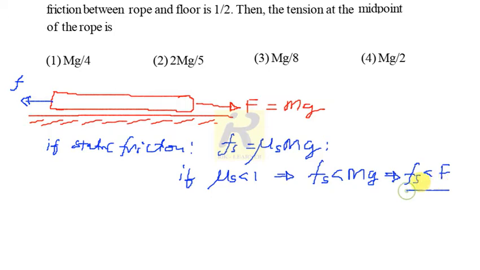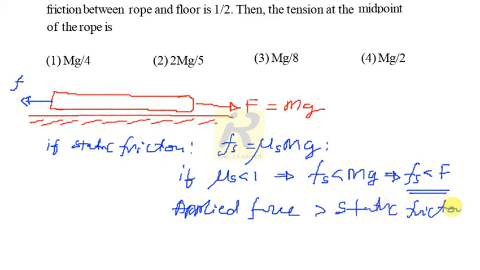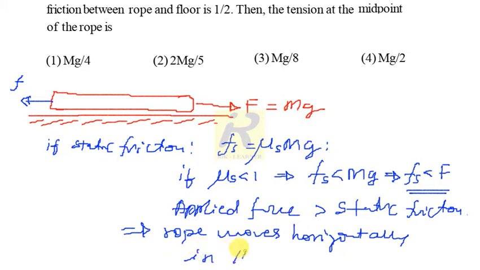So from this, the applied force is more than the static friction. So this means the rope moves horizontally in the direction of F, the applied force.